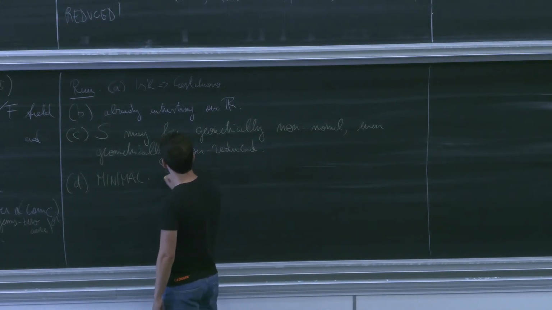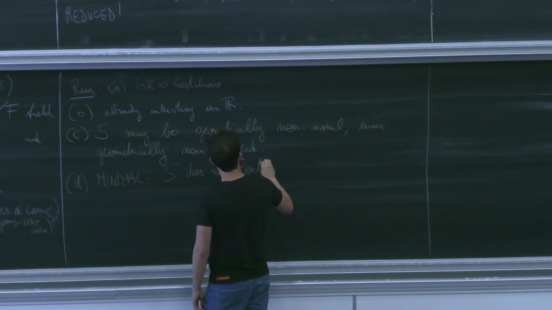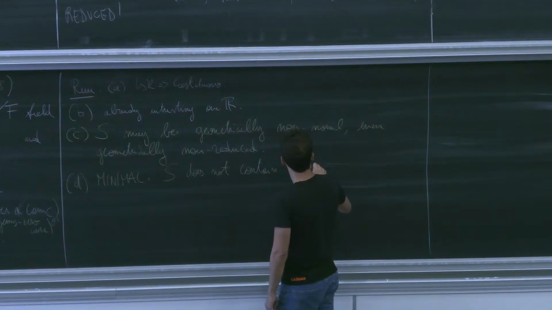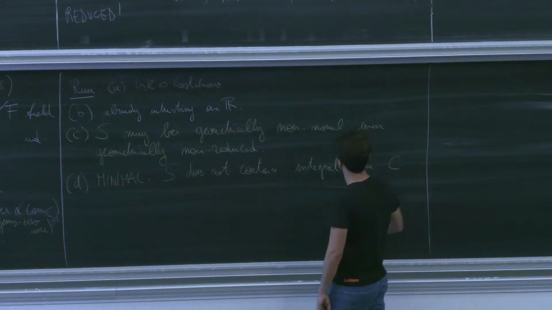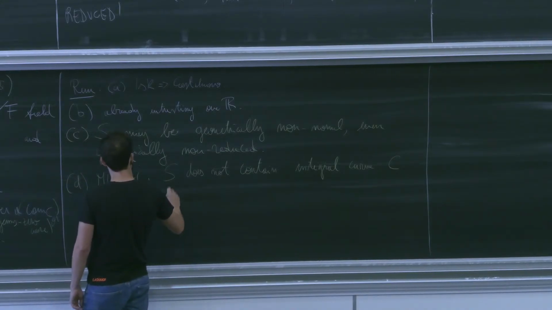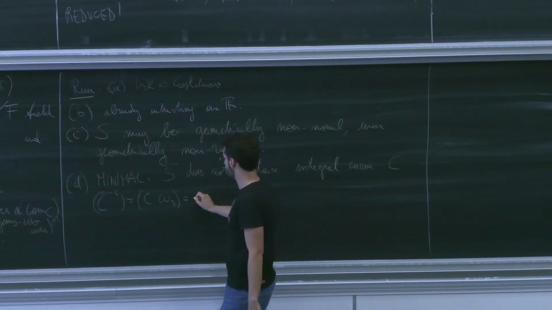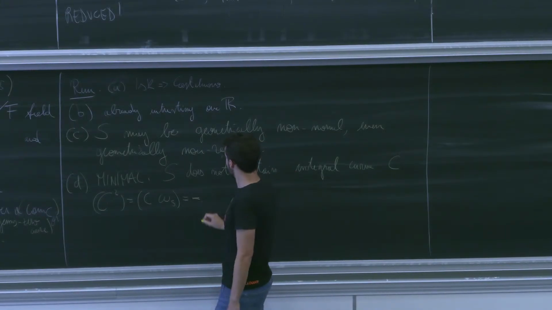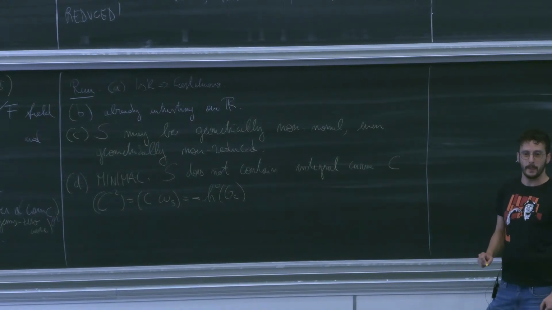This means that S does not contain integral curves C such that C square and C dot omega S are not -1, but minus h^0 of O_C. That's the thing you want to write.